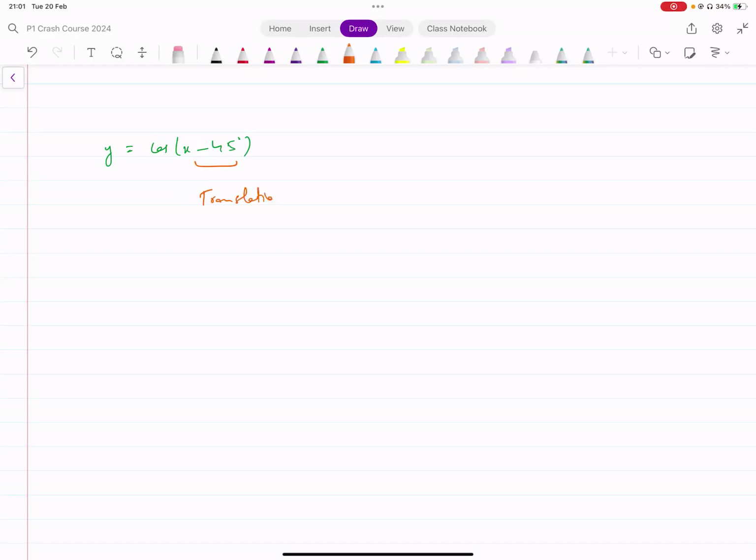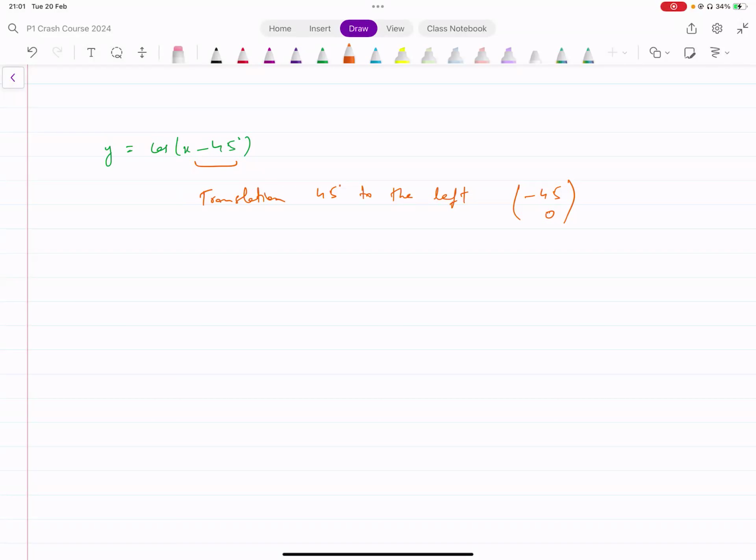The graph is translated 45 degrees to the left. And we will learn later in functions that we should actually be writing this as a vector, which is minus 45, 0. That's the translation that's happening. Minus 45, that's the x component.